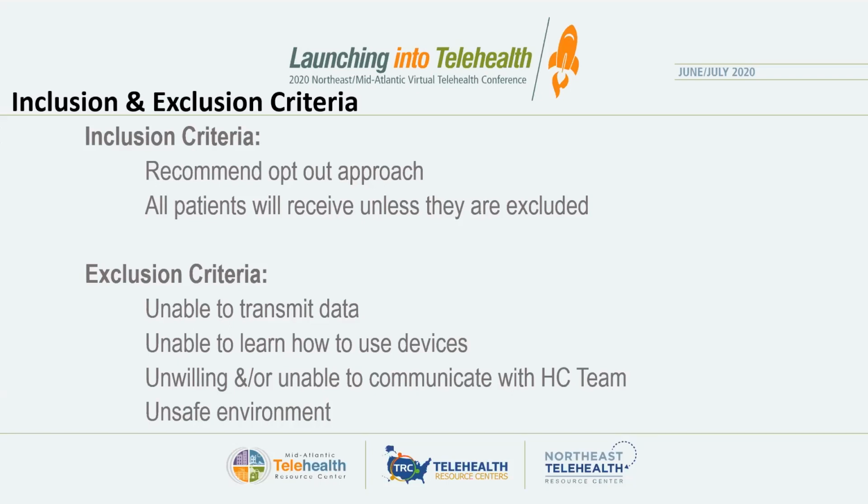So those are the type things that you look for excluding a person. A lot of times you won't know that until you go out into the patient's home, whoever does that install, to make sure, but you can assess their transmission ability as well as their cognitive and physical ability to be able to use the devices and their willingness to communicate.